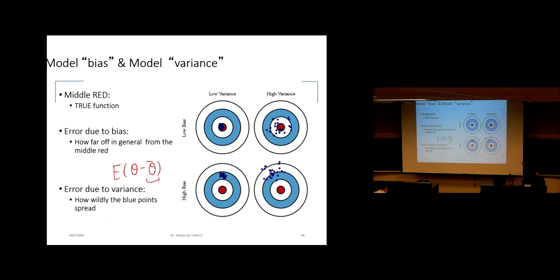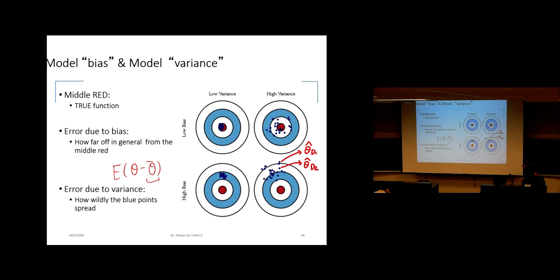Each estimated theta hat is a blue point: theta hat from the first training data D1, theta hat from the second training data D2, and so forth. You can have all kinds of random samples of training data, and for each training data you get an estimated theta.